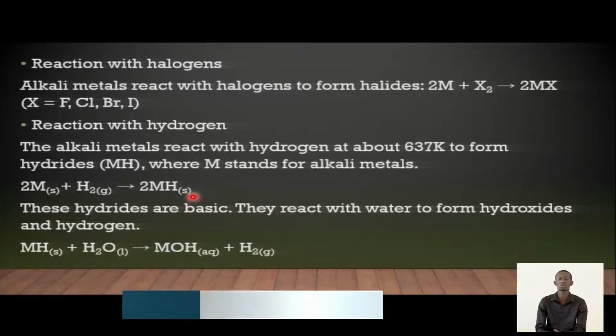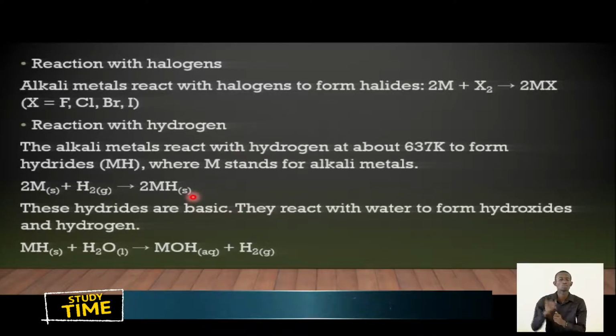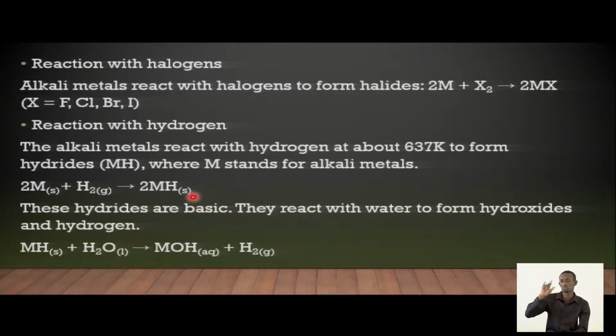These hydrides, they are also ionic compounds. Being ionic, they will be solids at room temperature and pressure. And here it is said the hydrides are basic. What does it mean? The hydrides are basic.